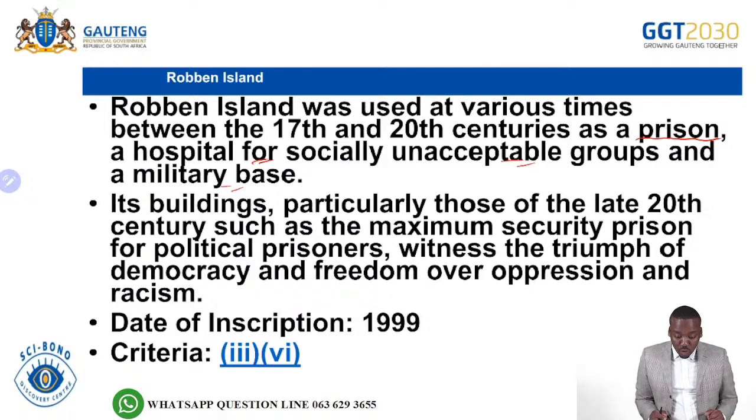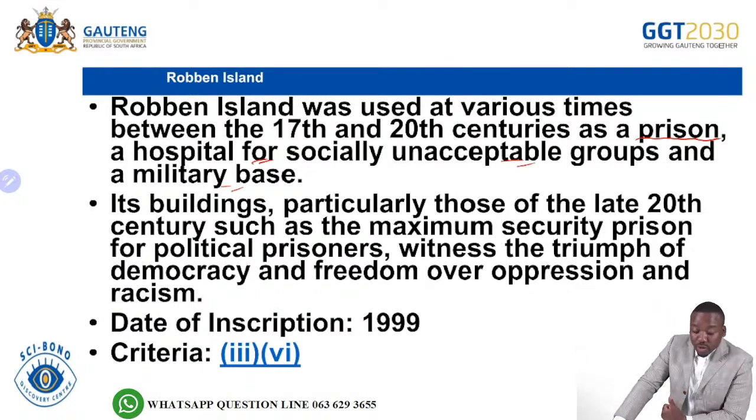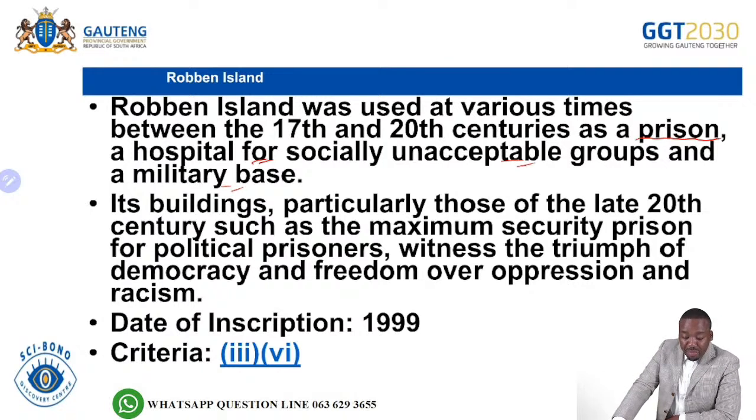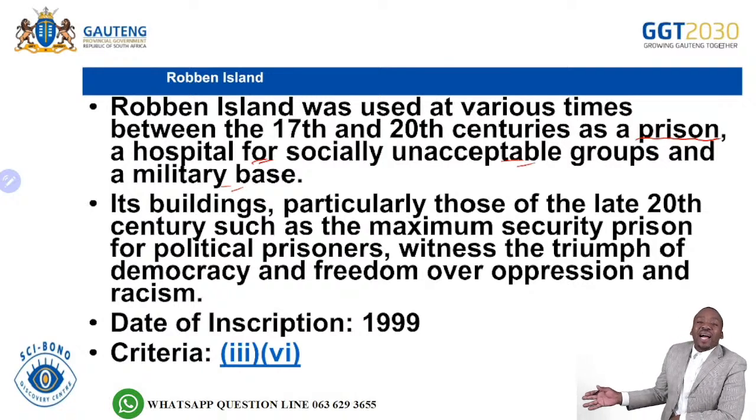It was also used as what? A prison. We know for the people who were fighting against apartheid and so on, they were isolated to this prison. It was also a military base. So because of that history of the things that happened there, this makes it a UNESCO World Heritage Site.